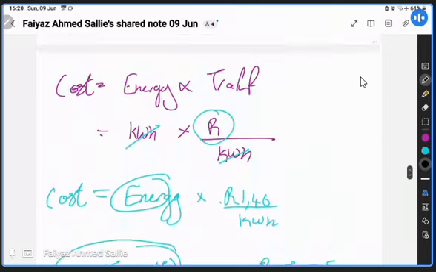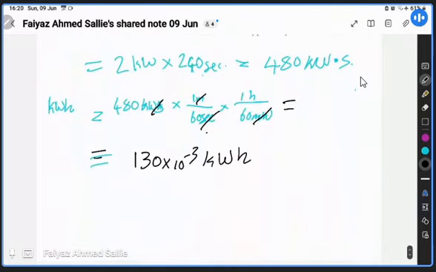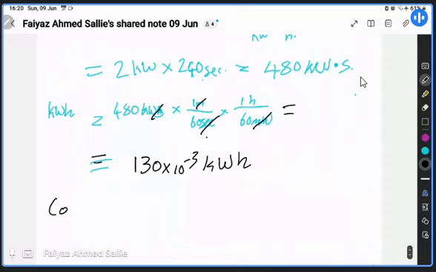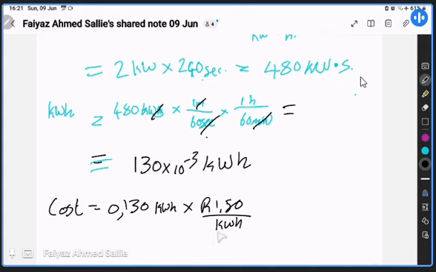So we're going to take that value and multiply it by the tariff. So to get the cost, you're going to take 0,130 multiplied by 1,5 rand. Okay, wait, let me put the units in. Kilowatt hours multiplied by the cost per kilowatt hour.